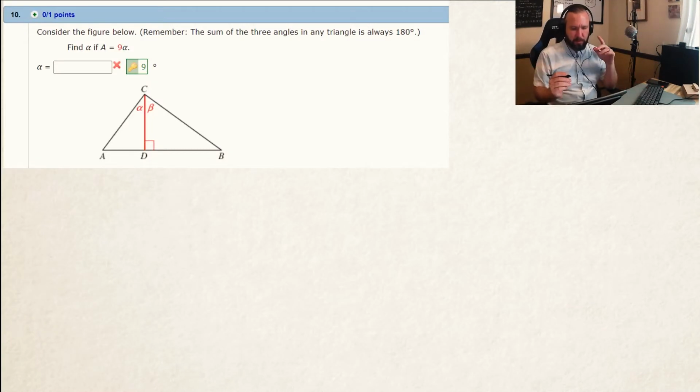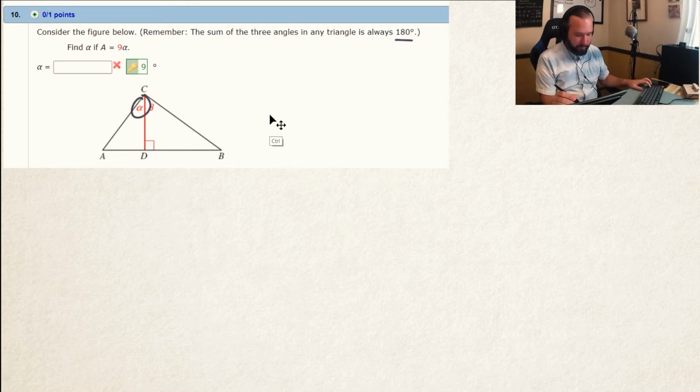Now I'm going to solve problem 10. This problem is about finding missing angles in triangles, and they give us this hint here about the sum of the angles inside a triangle is always 180. So what am I looking for? I'm looking for alpha, and they tell me this angle A right here is 9 alpha.